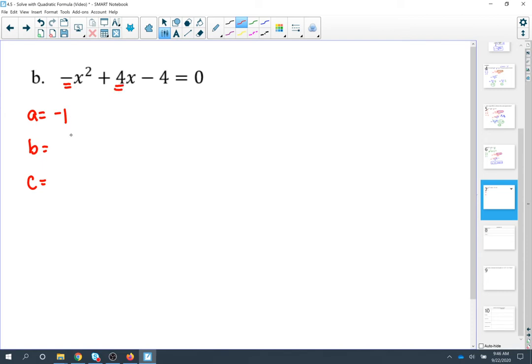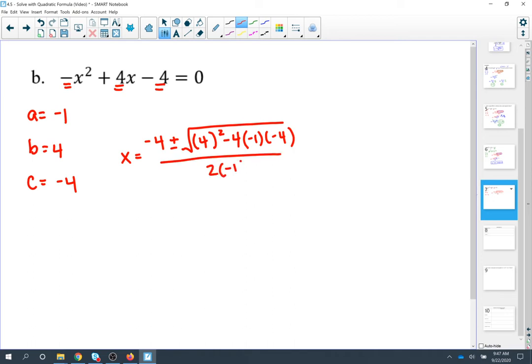B, 4. C, negative 4. Quadratic formula, x equals the opposite of b, so negative 4 plus or minus the square root of 4 in parentheses squared minus 4 times negative 1 times negative 4 all over 2 times negative 1.